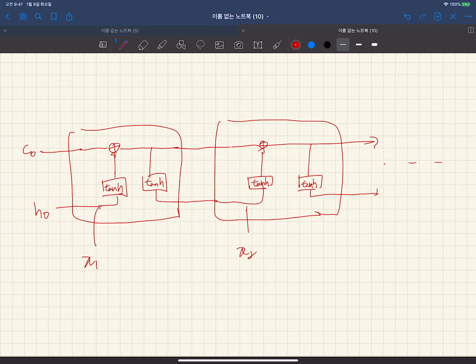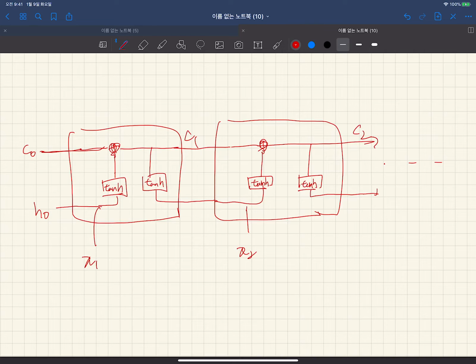And this C0, C1, C2 just adds the previous information, which is basically a kind of shortcut, right? Just add previous information. So this is basically just a shortcut. From this property, we can model long-term relationships.